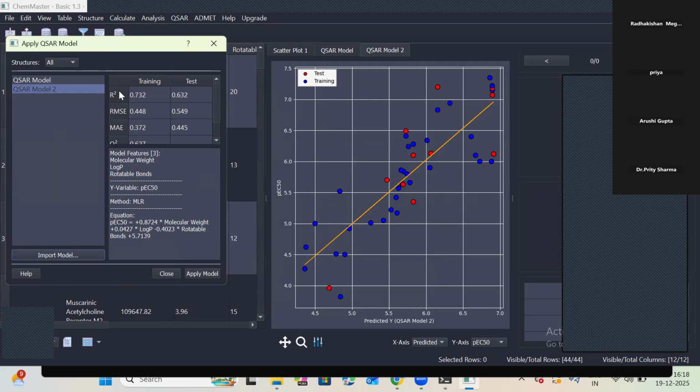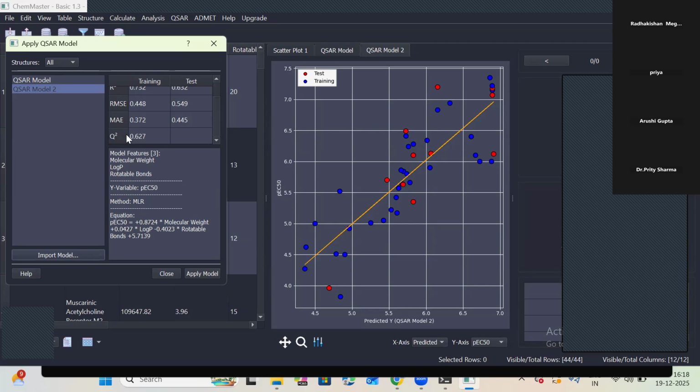It should be above 0.7, which is a preferred value for the training and test. Next one is RMSE, which means prediction error on the data set. Here, MAE and Q square. The Q square value should be higher than 0.5. This is necessary for the model to be a good predictive model. So always the Q square is higher than 0.5.